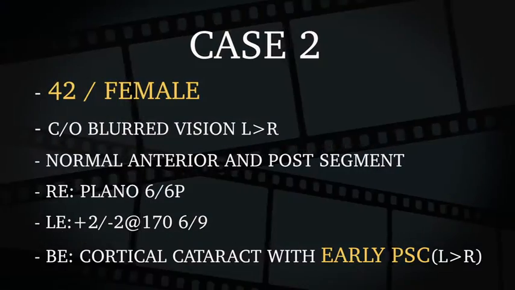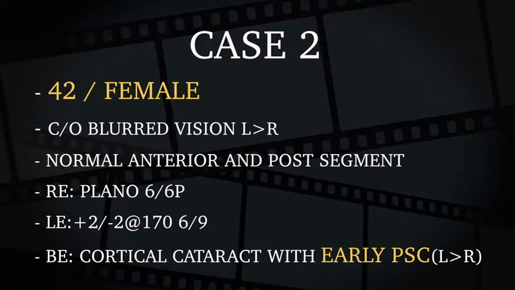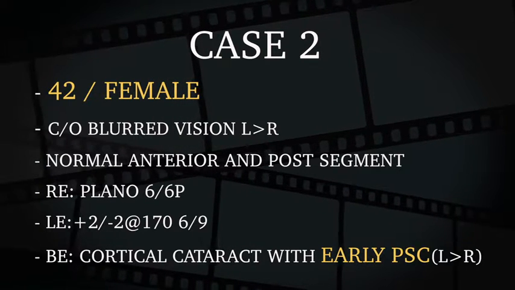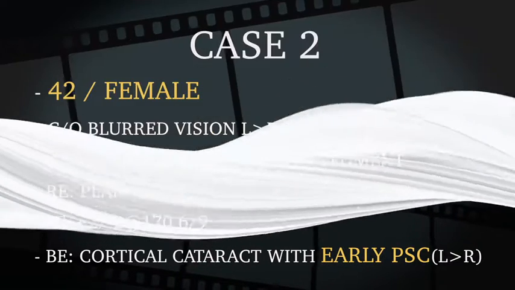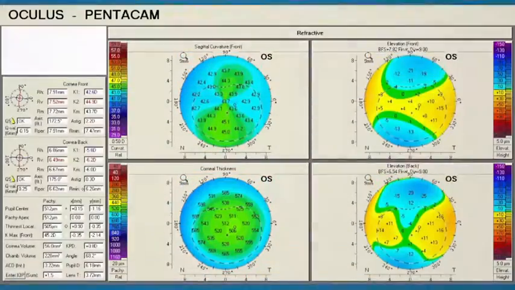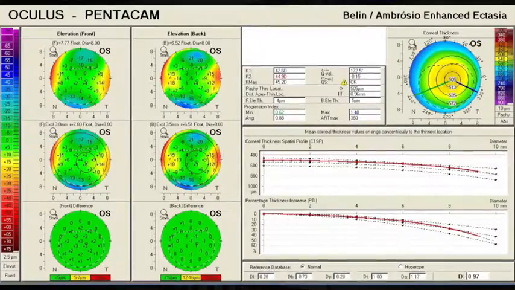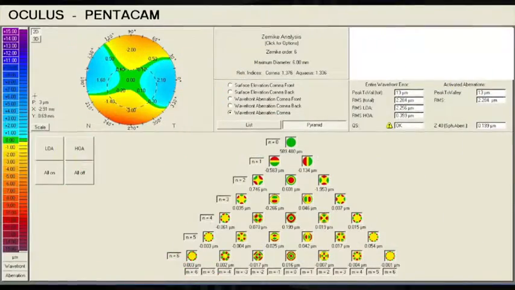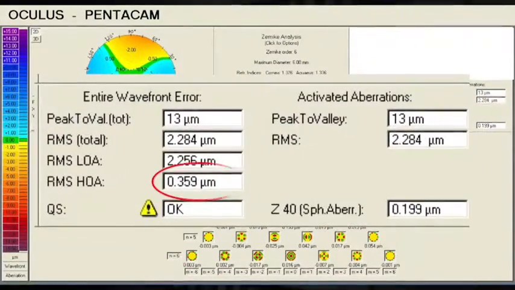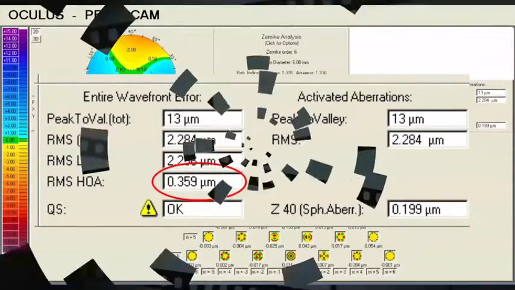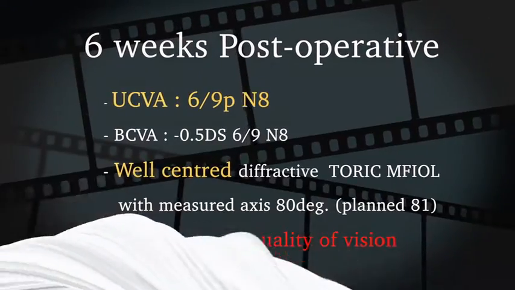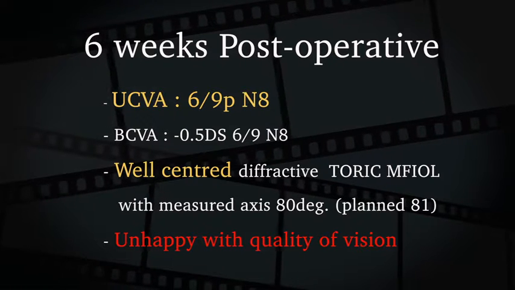Here is a case of a 42-year-old female with a PSC cataract and a -2 diopter astigmatism. The topography showed with-the-rule astigmatism and no irregularity, but on seeing the aberrometry map, it showed higher HOA values. Post-op, the toric IOL was well centered.